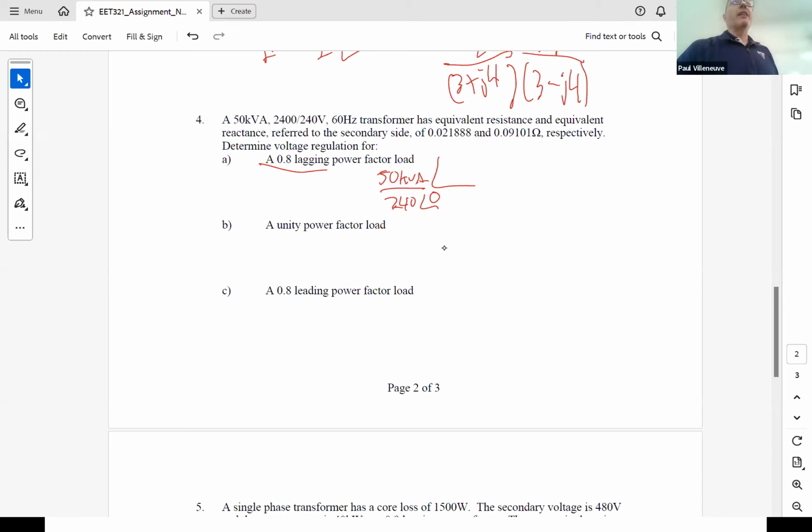The angle is a 0.8 lagging power factor. So inverse cosine of 0.8. And don't forget to take the conjugate, right? So how to apply this to problem number 4, this is full load at a 0.8 lagging power factor. And you know it's lagging because the current will lag the voltage when we plug this through.